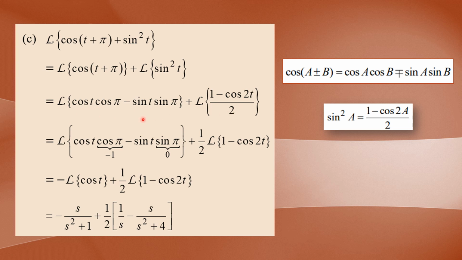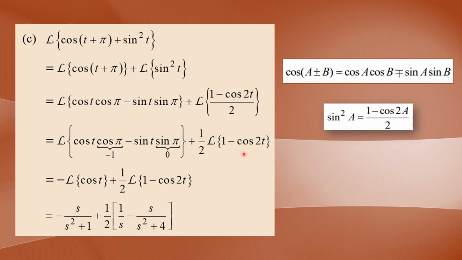For this expression here, we know cos pi is negative 1 and sin pi is 0. So cos t multiplied by negative 1 gives negative cos t. So the Laplace transform of negative cos t is the same as negative the Laplace transform of cos t. For the second term, it goes to 0 because sin pi is 0.